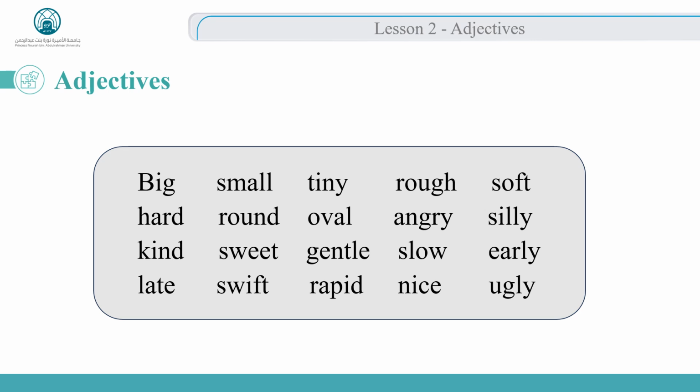If you look at these adjectives, you would find how they provide more information about size, about texture, about features of character, about time. So this is the main function of adjectives, to provide more information about the referent, the noun or pronoun they are modifying.